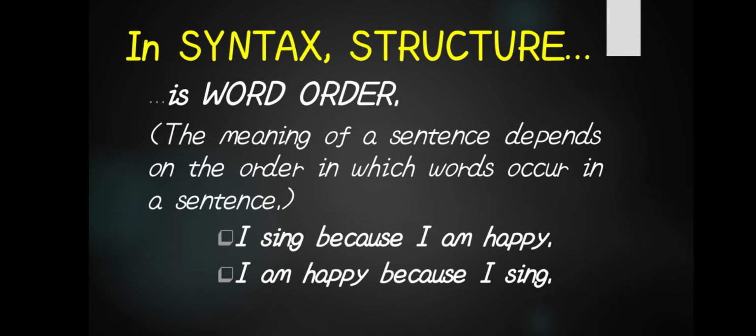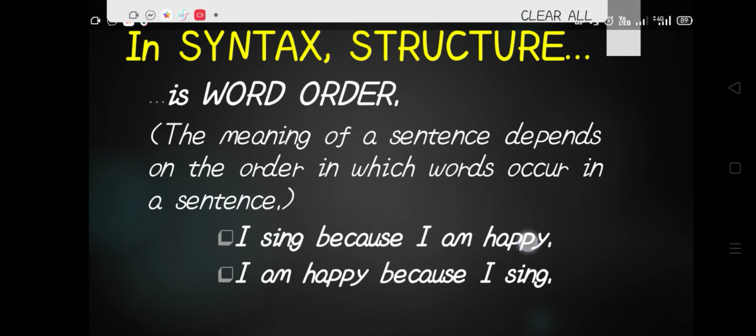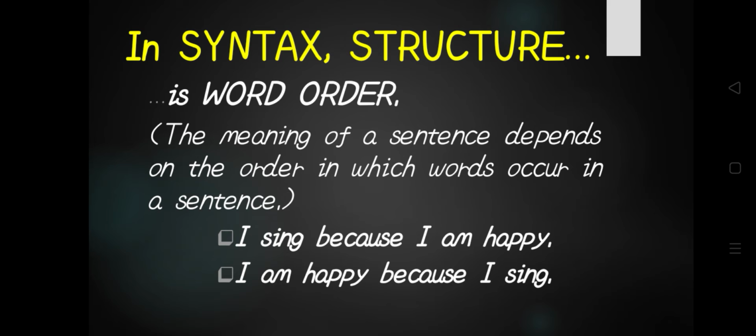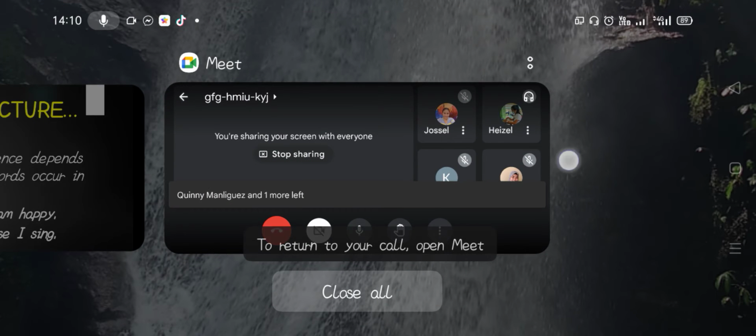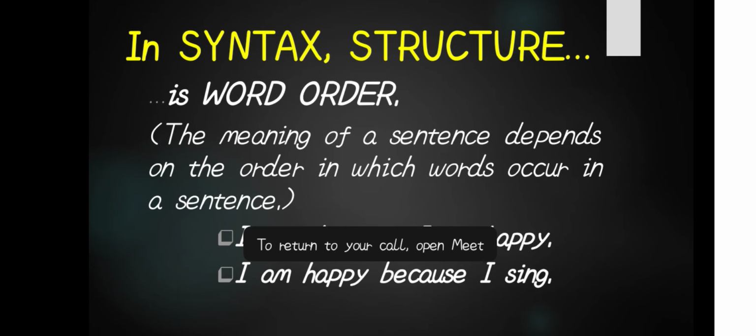Ang nikanta is the result of the happiness. Okay? Baliktad na siya. So, positioning of phrases is the basis of the meanings in sentences. So, we have to be careful.